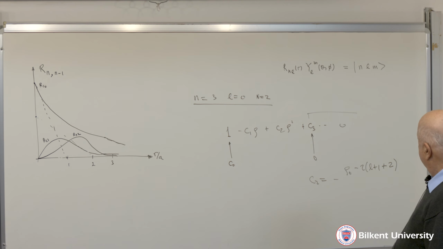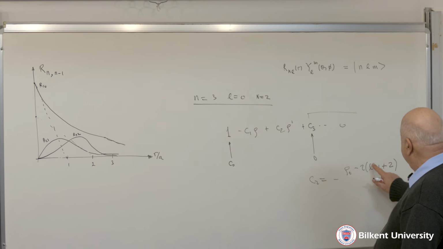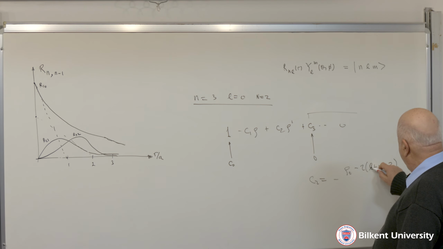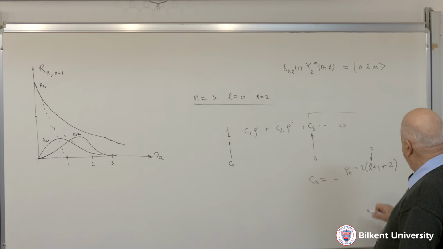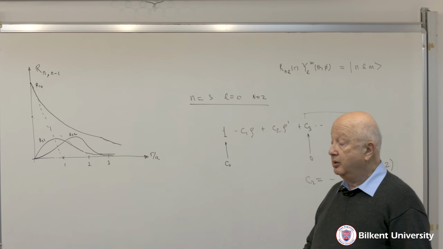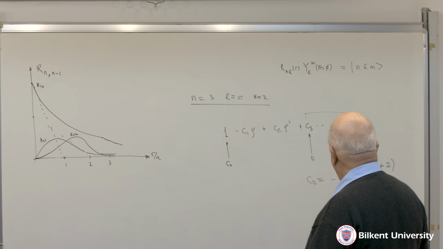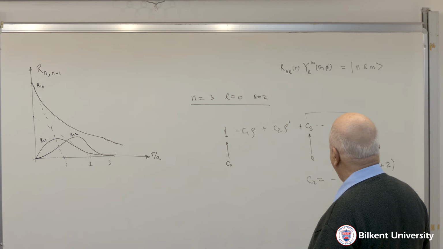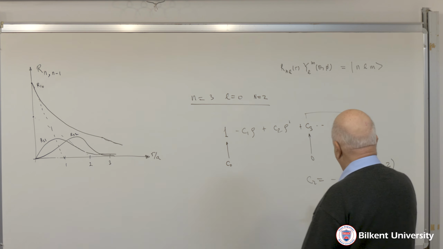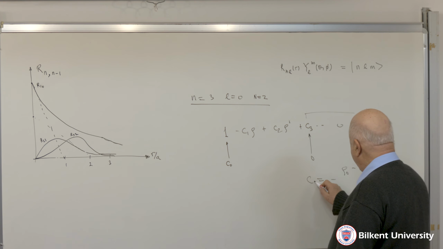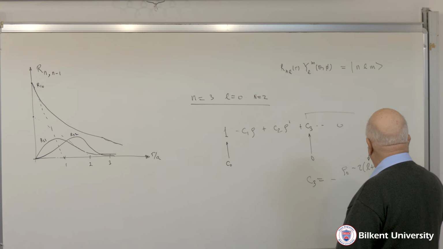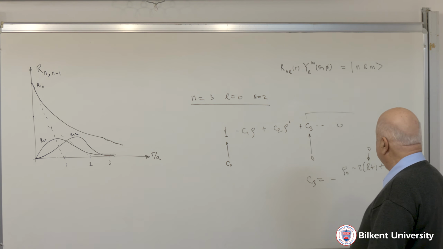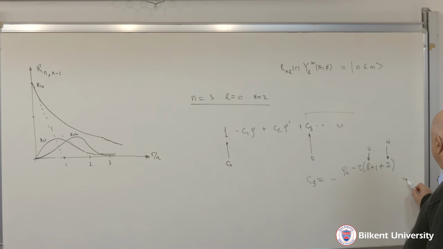And I know that L is 0. Shouldn't J be 1? Yes, J should be 1. C2 is Cj plus 1, so J must be 1. But I'm sorry, I'm looking for C3. So this is going to be my capital N, that's where I cut off, and I want to get a 0.